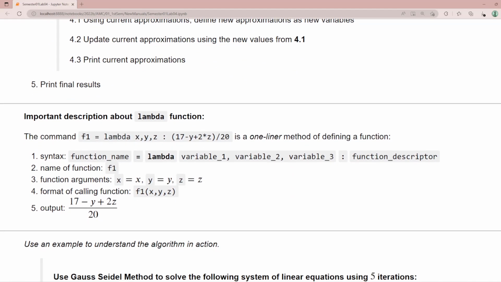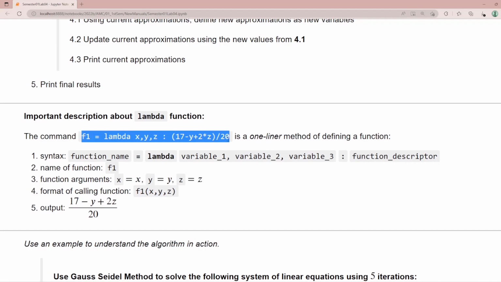So the command f1 is equal to lambda x, y, z: (17 minus y plus 2 star z) by 20 is a one-liner method of defining a function. So in the previous lab exercises, we had seen that we use the keyword def, and then we give a space, then we name the function, and then inside the bracket, we mention all the arguments of that particular function.